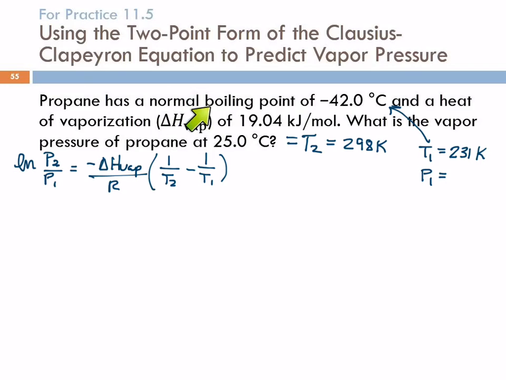This is the boiling point. At the normal boiling point, what's the vapor pressure? Yeah, 760 millimeters of mercury or 1 atmosphere. So this is going to be 1 atmosphere or 760 torr.